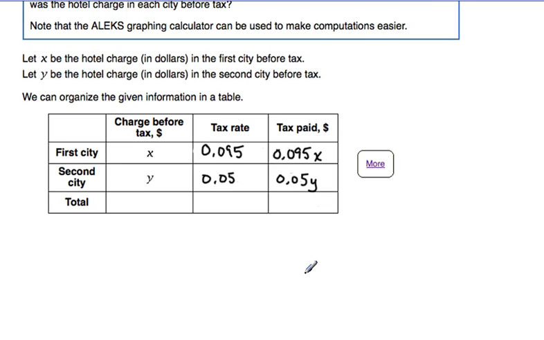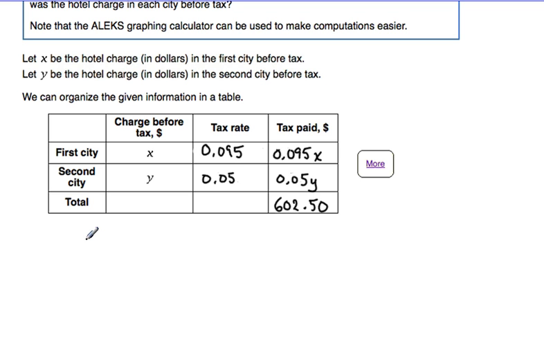Now, what we need to do is come up with our equations. Actually, before that, let's figure out the total. And the total, we were told, is $602.50.